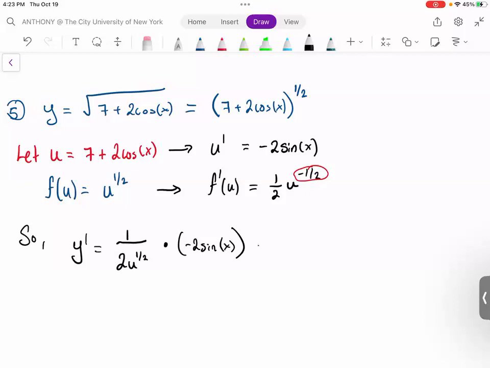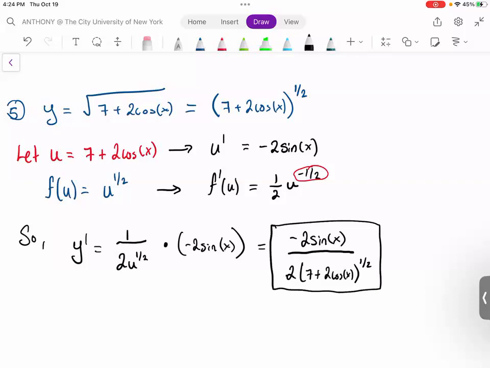So 1 times negative 2 sine of x, that will be on the top, or just negative 2 sine x. And the denominator, where we have the u, you replace it based on what you defined it as. Here we defined it as 7 plus 2 cosine of x. So it's 7 plus 2 cosine of x raised to the power of 1/2.